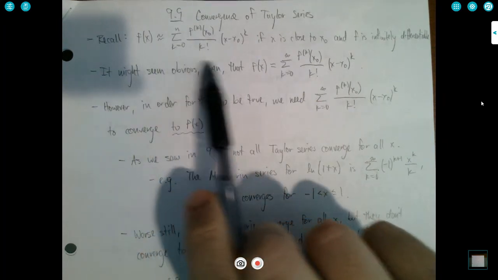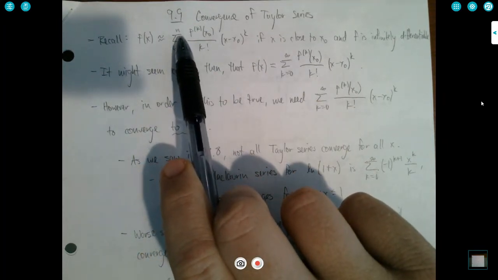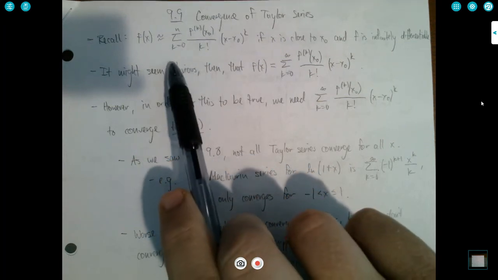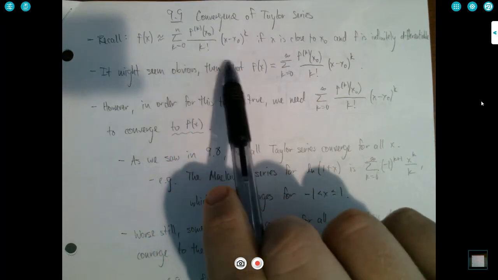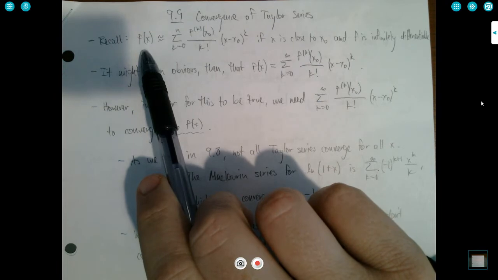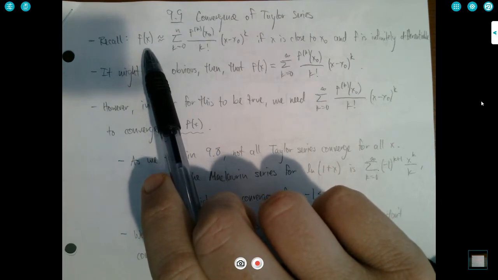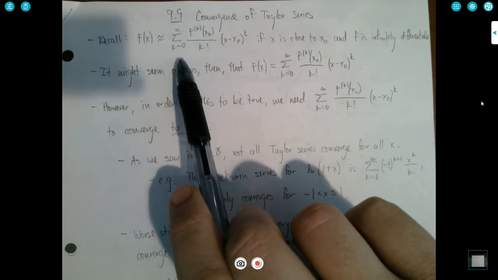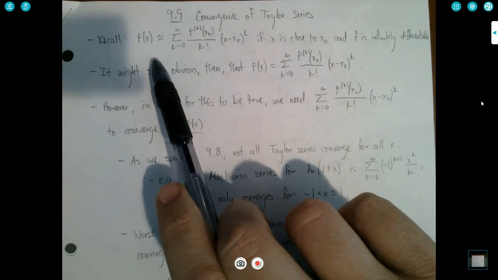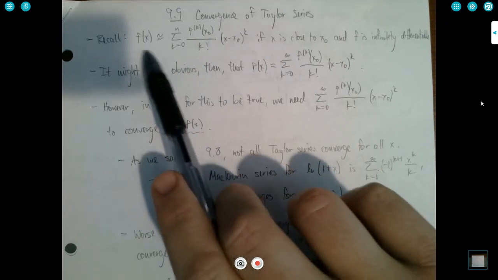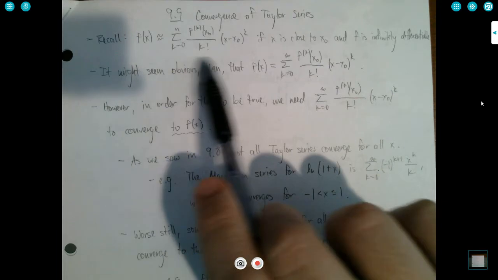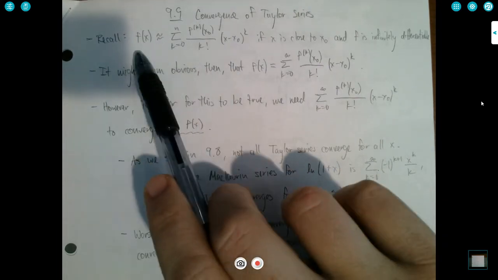So recall, this is a Taylor polynomial. If you end the summation at n, then this is a Taylor polynomial, and it's an approximation for whatever function you're beginning with. And of course, the notion that we can approximate this function with a Taylor polynomial is dependent on a couple things.